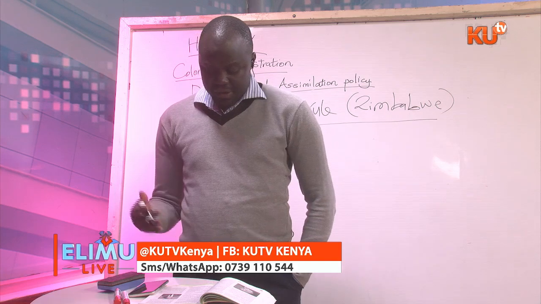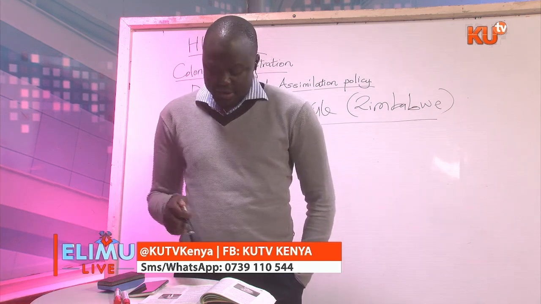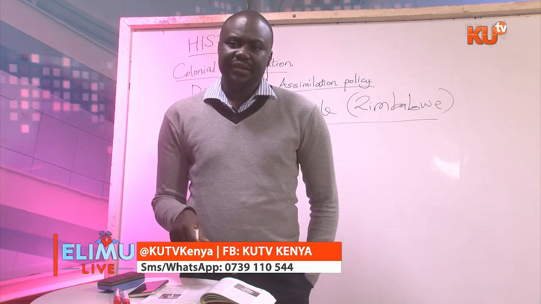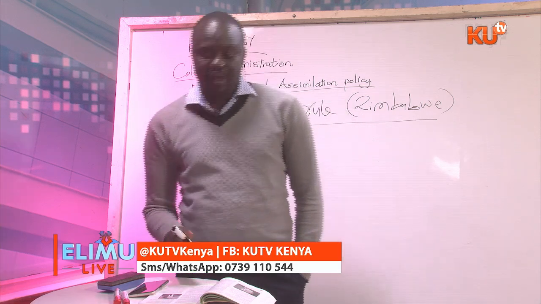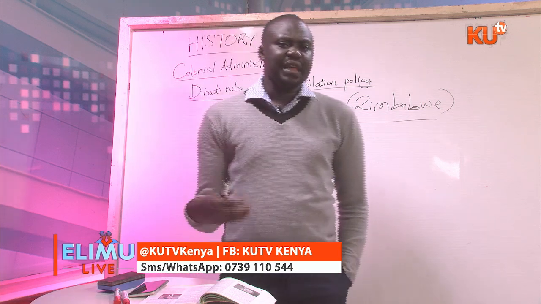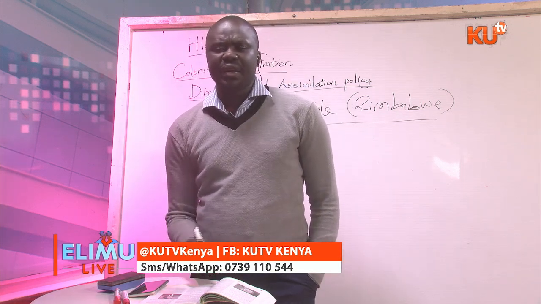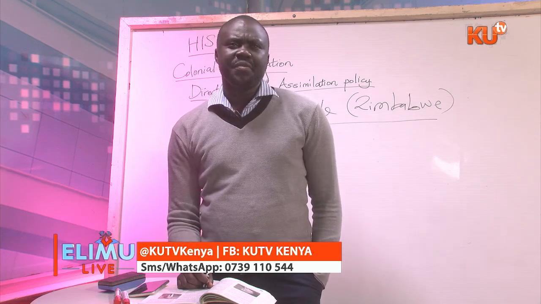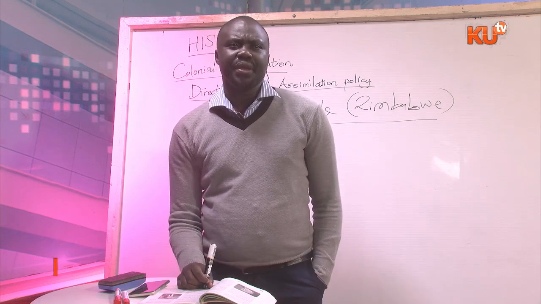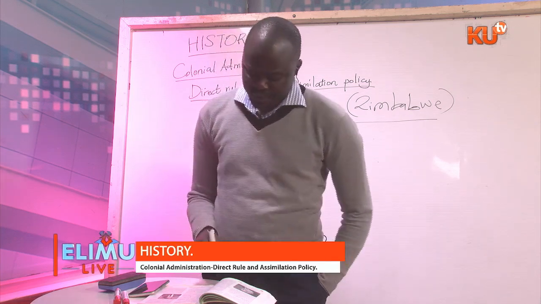Now, in 1923, by the time the company rule was terminated by the British, Southern Rhodesia was declared a crown colony, meaning it was just like other crown lands, like British East Africa, Uganda, Southern Nigeria, Egypt, Sudan by then, and Northern Rhodesia and Nyasaland.